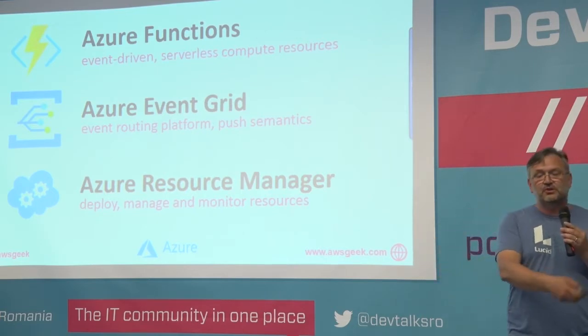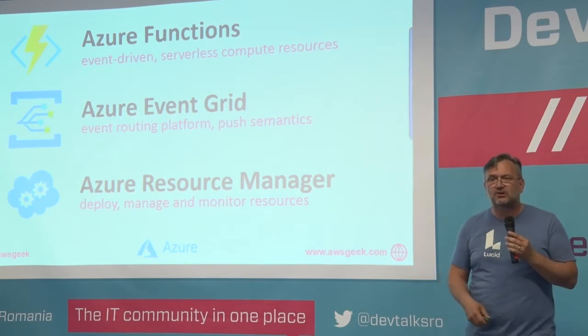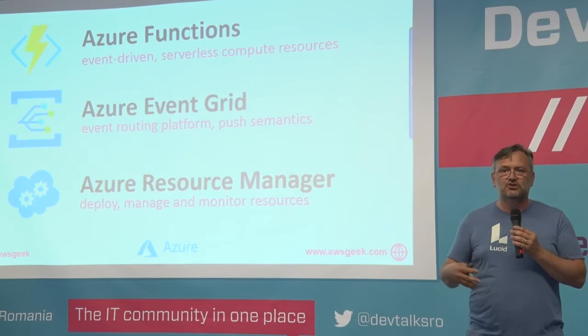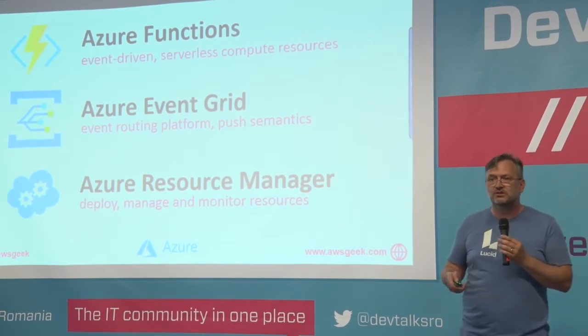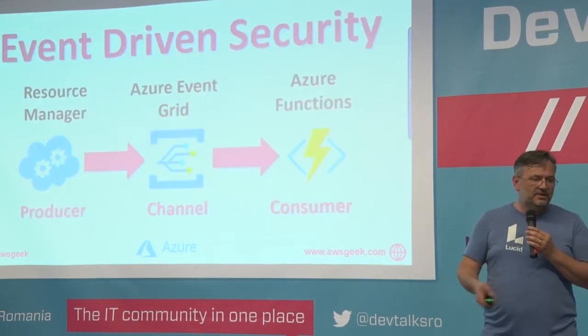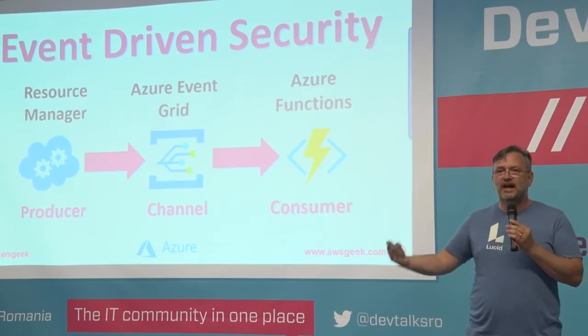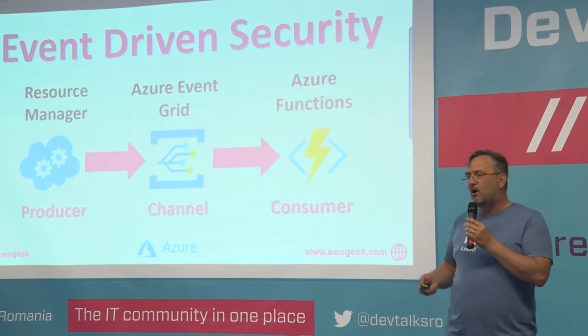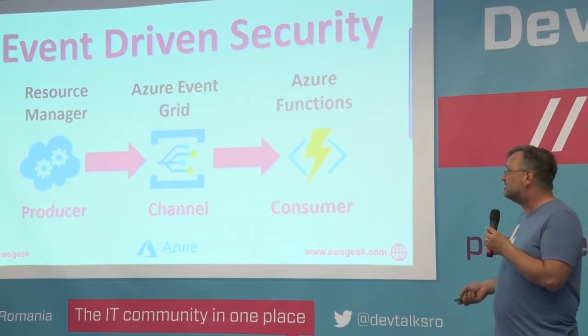And then the Azure Resource Manager, which tracks interactions with Azure and changes to Azure resources. So very similar. The event-driven security model on Azure looks like this. Producer, channel, consumer, almost exactly the same, or really exactly the same as the other ones.